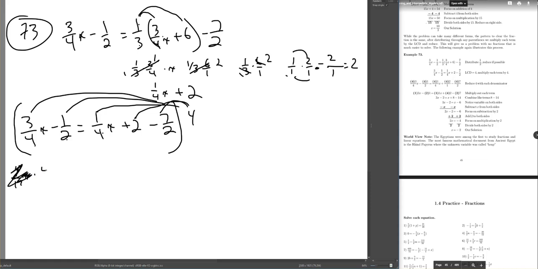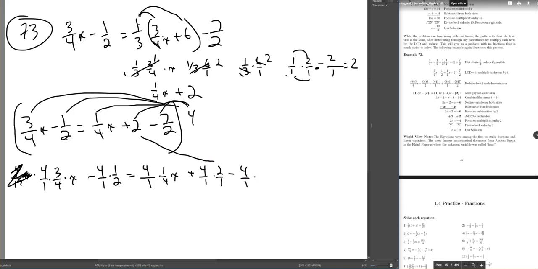No, let's start over. 4 over 1 times 3 over 4 times x minus 4 over 1 times 1 over 2 equals 4 over 1 times 1 over 4 x plus 4 over 1 times 2 over 1, right? Minus 4 over 1 times 7 over 2. I put the negative sign here. And that's pretty much it. So all we have to do is solve for that.